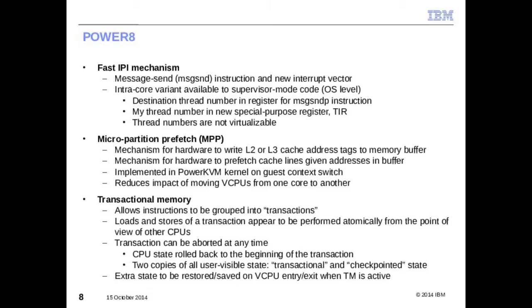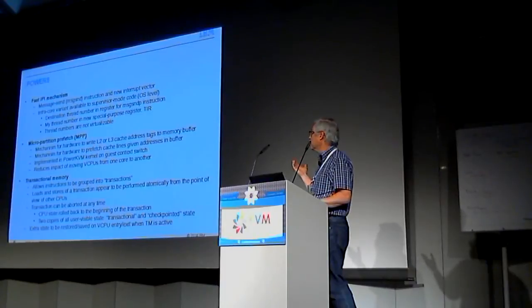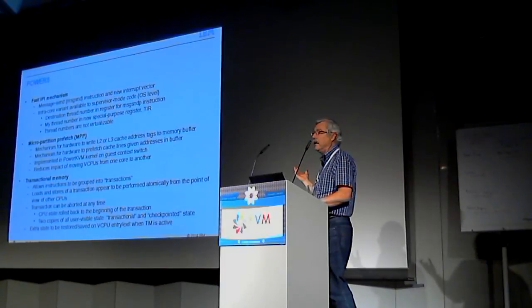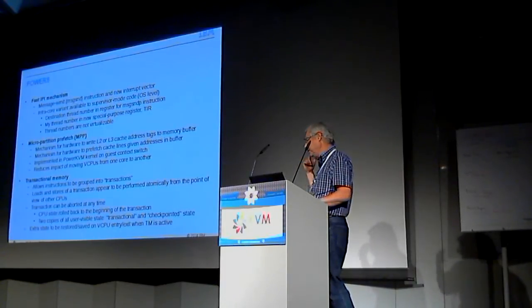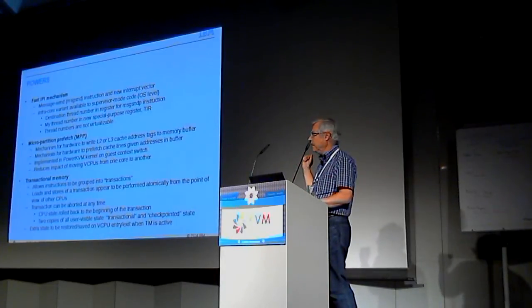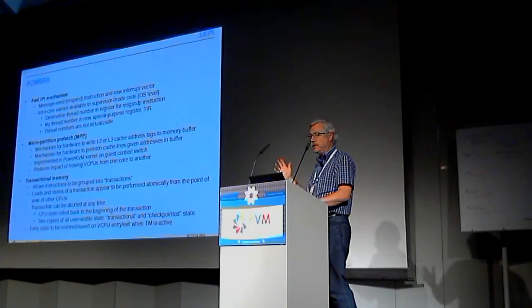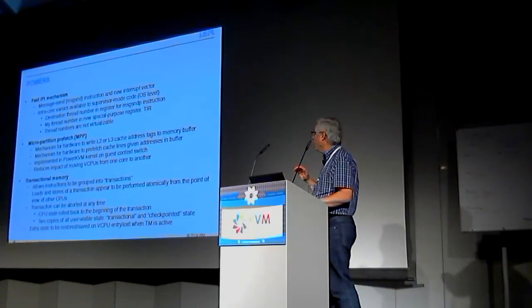Other things that are new in POWER8, we have a fast IPI mechanism, which is, we've got this new instruction called message send. So that generates a message that goes across the fabric to another thread, and in that thread, if interrupts are enabled, you take an interrupt using a new interrupt vector, which is fine.